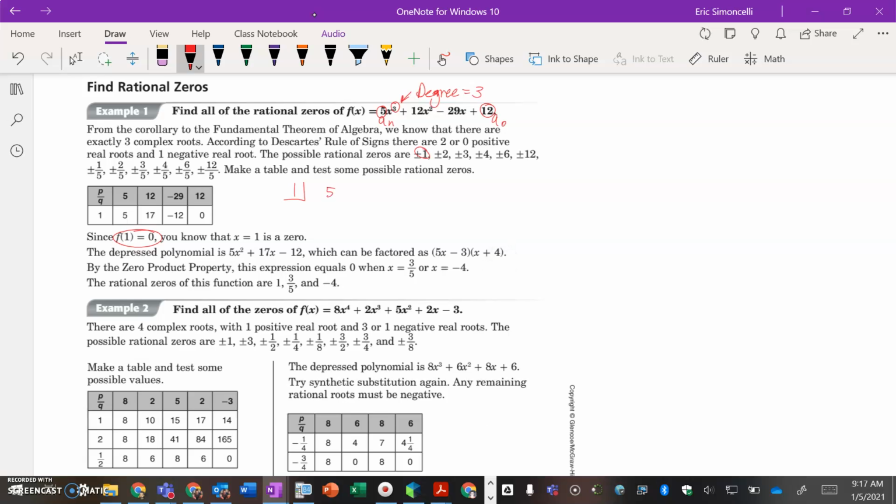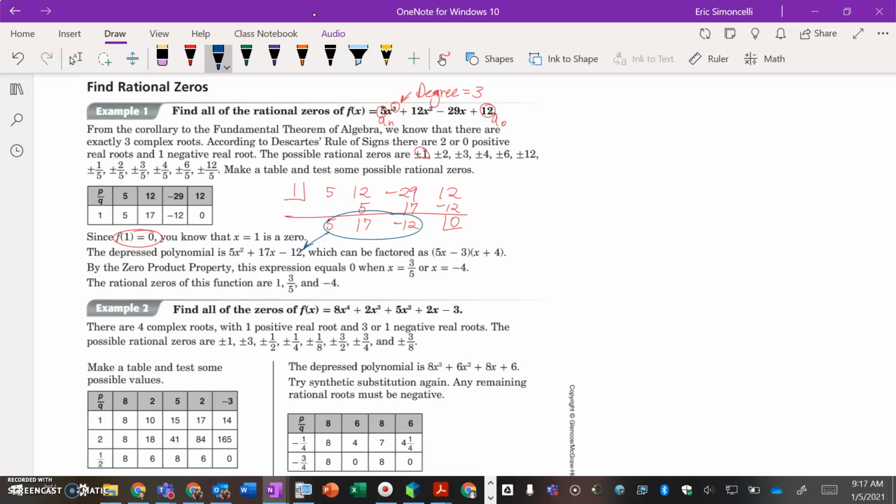When you do synthetic division, 12, negative 29, 12, you should end up with a remainder of 0. I'll just prove that out here. Okay. So of course we get a remainder of 0, wherein then this resulting quotient is your depressed polynomial.